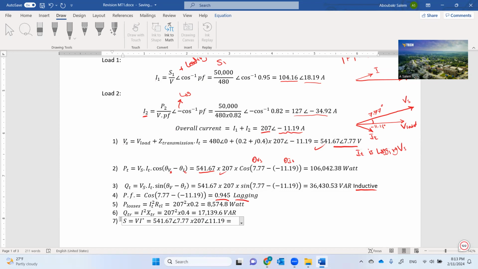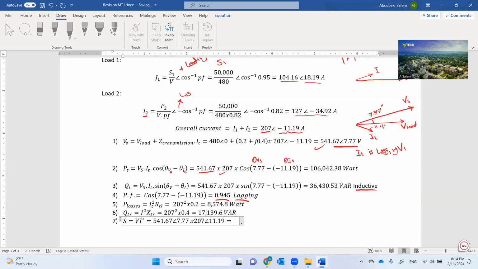Let me calculate this with you. So 541 at angle 7.77 times 207 at angle 11.19.